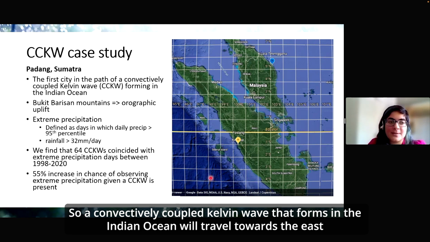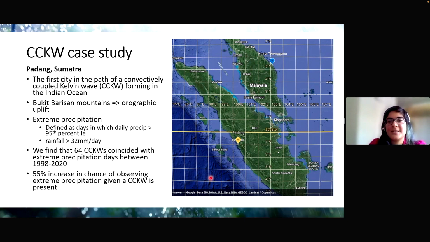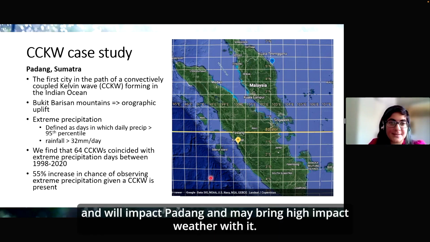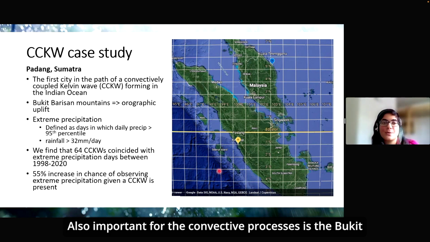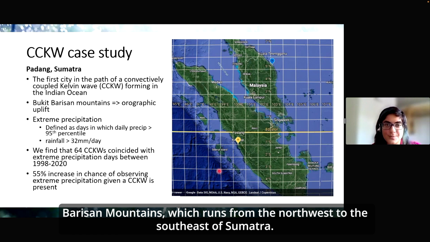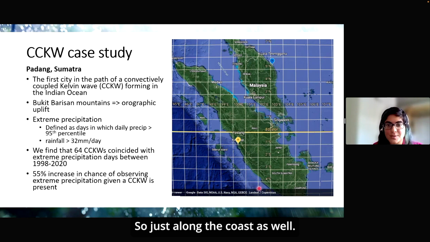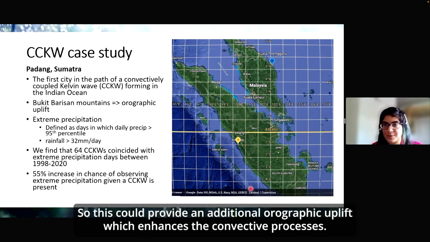A convectively coupled Kelvin wave that forms in the Indian Ocean will travel towards the east and will impact Padang and may bring high impact weather with it. Since Padang is an equatorial city, this is a good case study city to examine this. Also important for the convective processes is the Bukit Barisan Mountains, which runs from the northwest to the southeast of Sumatra, so just along the coast as well. So this could provide an additional orographic uplift, which enhances the convective processes.